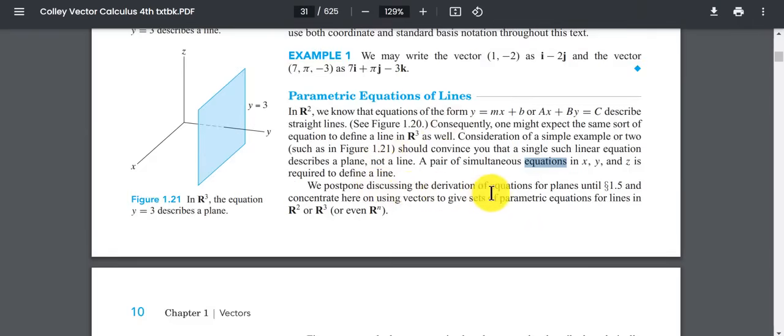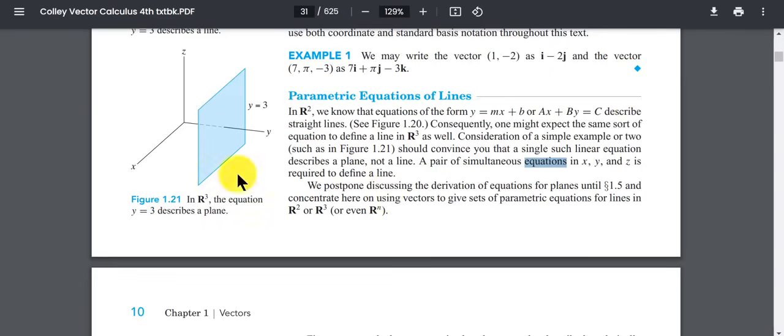So she says we're not going to discuss equations for planes right now. We're not going to do it until section 1.5. Here we're going to concentrate on using vectors to give equations for lines.